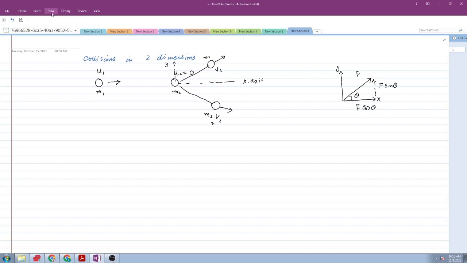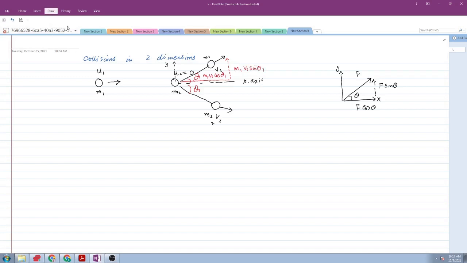So same over here, momentum is a vector and that is between x and y. Suppose this angle is theta 1 and this angle is theta 2. The incident ball angle is theta 1 and the scattered one, the target ball angle, is theta 2. So then we can resolve the components of this momentum. This is our horizontal component for the incident one, m1 v1 cosine theta 1, and this one is m1 v1 sine theta 1.